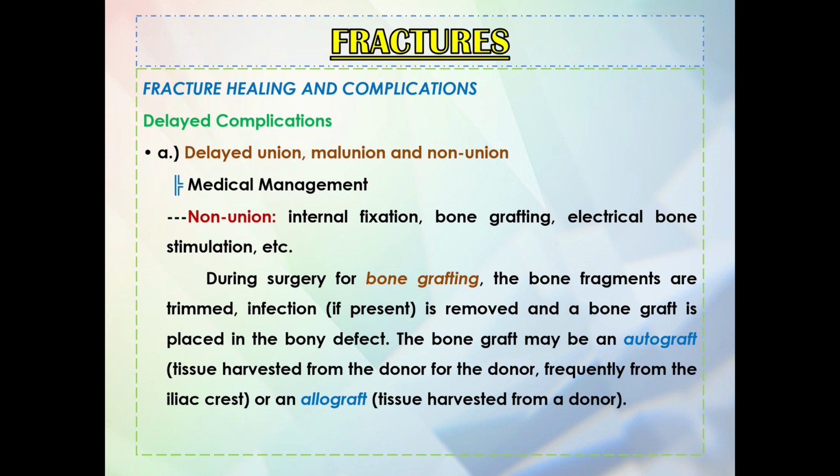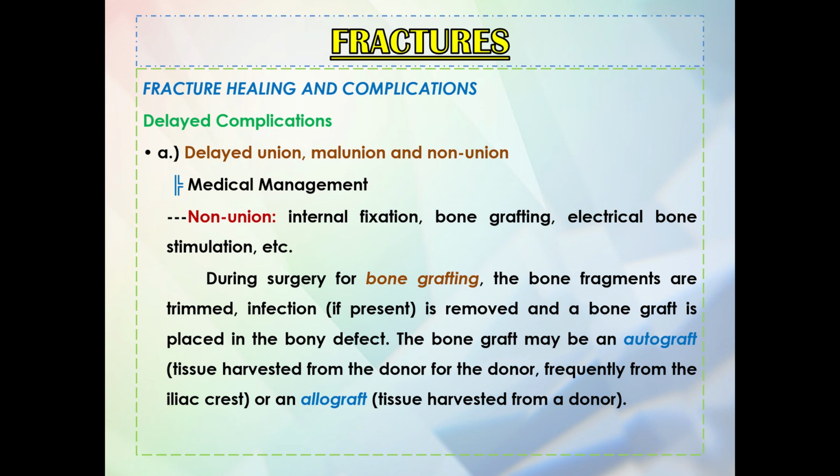Now, for bone grafting, the bone fragments are trimmed. Infection, if present, is removed and a bone graft is placed in the bony defect. So the bone graft may be an autograft, meaning the tissue is harvested from the donor for the donor, and then frequently from the iliac crest. And then, yung allograft naman, the tissue is harvested from a donor.